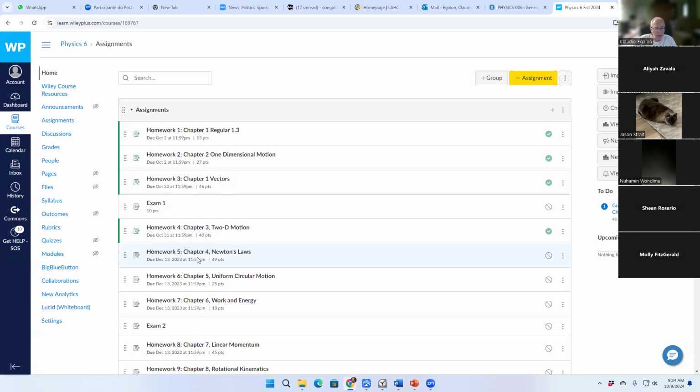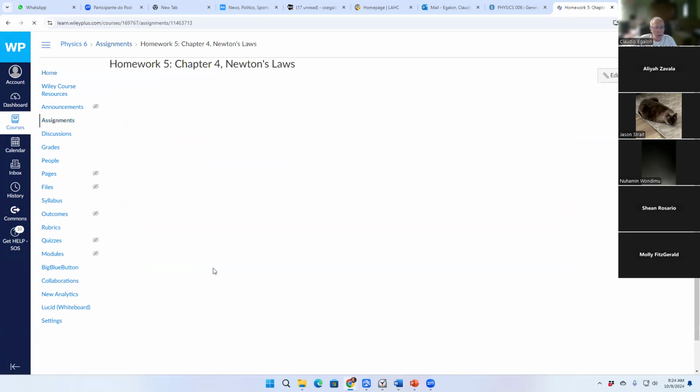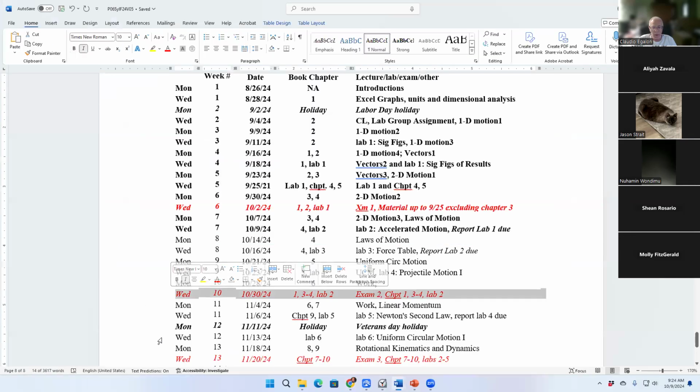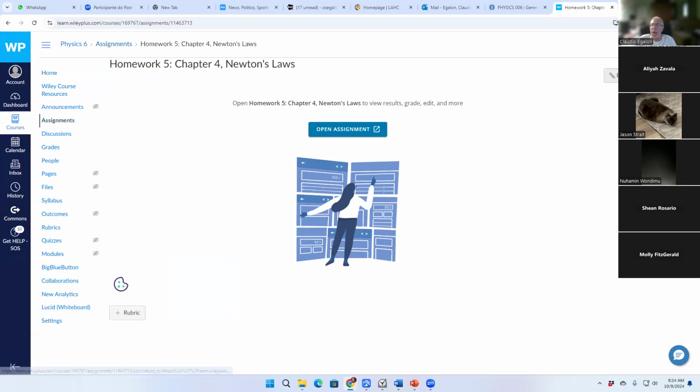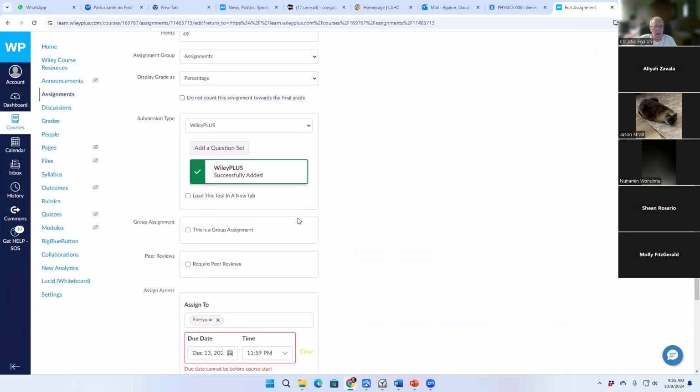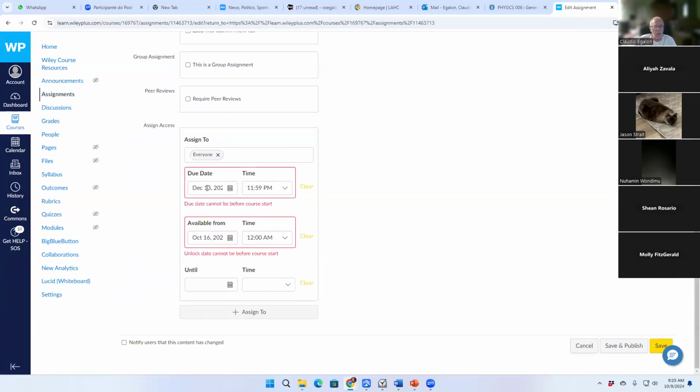Now I have to schedule the chapter on Newton's laws. Not yet. Let me schedule a date here, and I'm going to go according to the exam. Chapter 4 is going to show up in the second exam, so we can schedule it for the 30th of October.